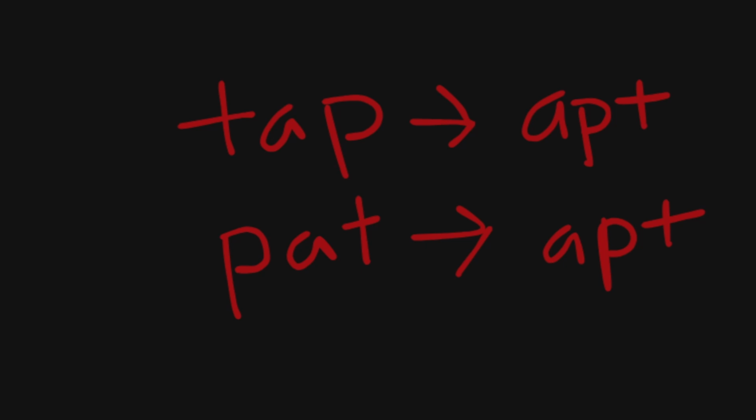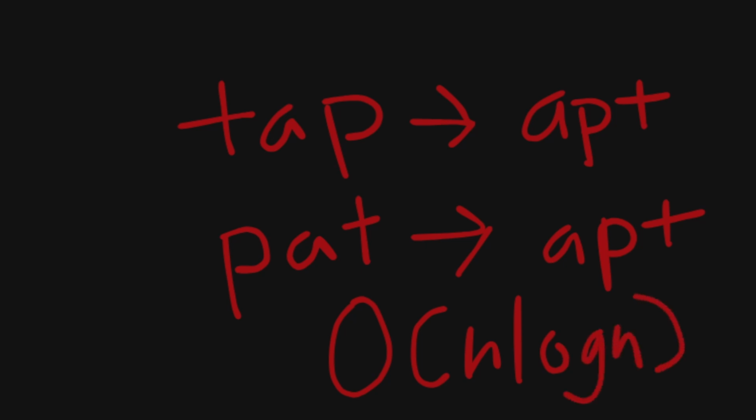And now this, for time complexity, will take O of n log n time. Now, I'm not going to explain how we got to this time complexity, because that has to do with the sorting algorithm itself. If you're not familiar with it, the fastest possible sorting algorithm is O of n log n time, which is slower than O of n time, but also a lot faster than O of n squared time.